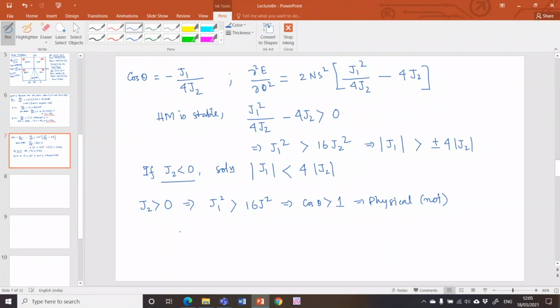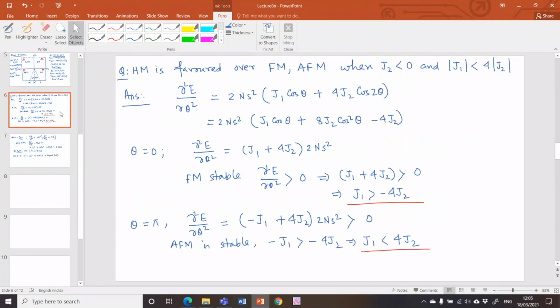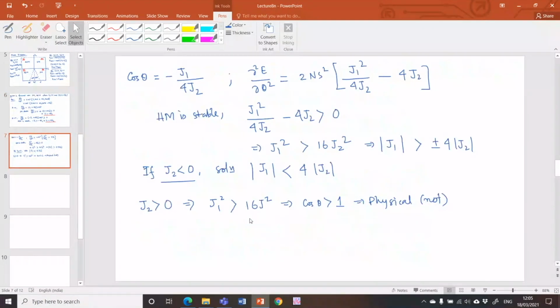Yes. So finally, if we combine these two, then we will get to this part. Basically, J2 is less than 0 and J1 is less than 4J2. Okay, so this will give us helimagnetism.